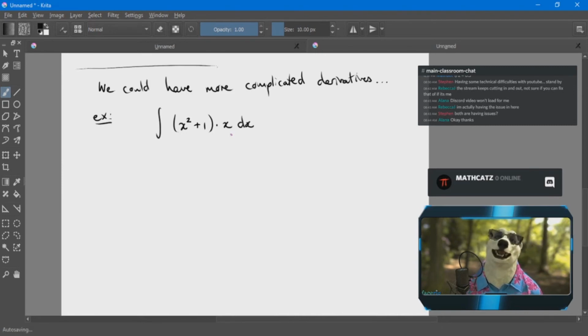We would FOIL it out or multiply the x in and then have a simple basic properties and power rule issue to reverse engineer to find the antiderivative, no problem. But it's only convenient because the bracket is just on its own.